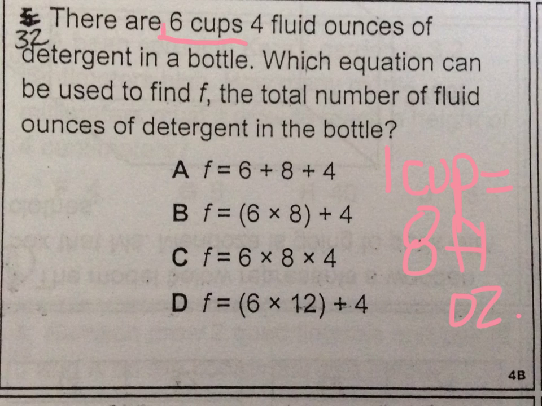So to convert cups to ounces, we're going to need to multiply it by 8 before we go add 4 ounces to find the total number of ounces. Which one of these shows that the 6 times 8 would have to occur first?